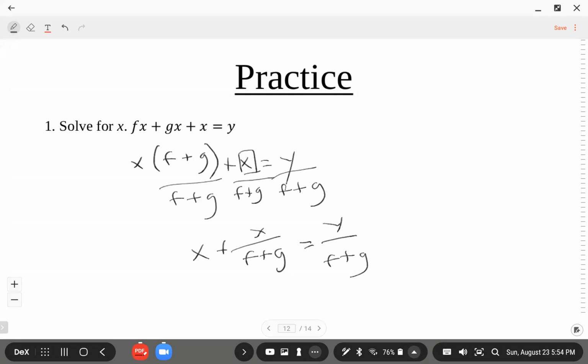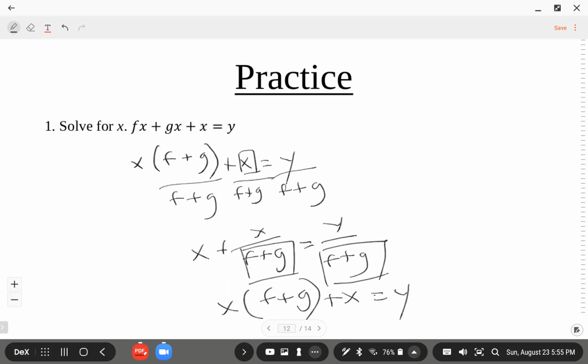And then you can cancel this thing out again, right? By multiplying it. But then you go back to here again, right?